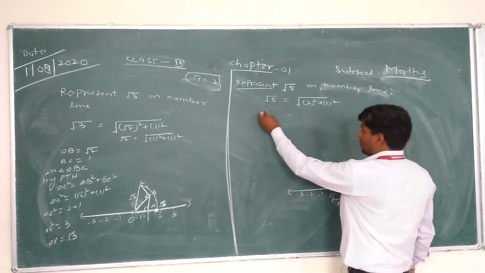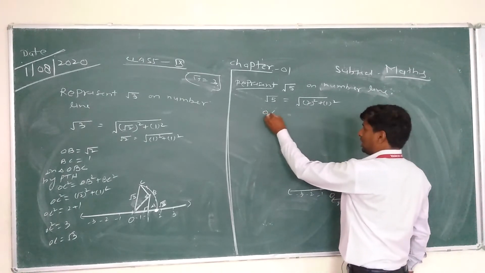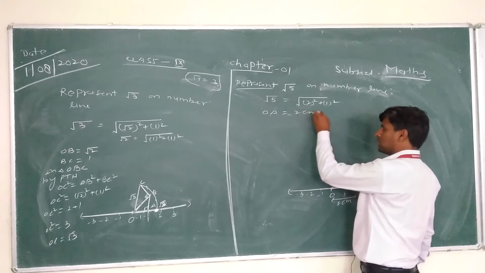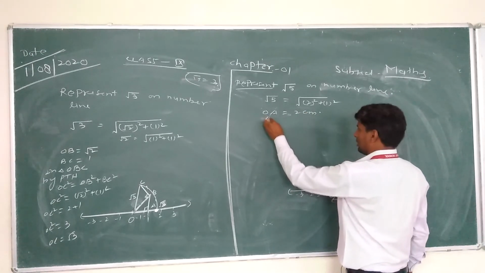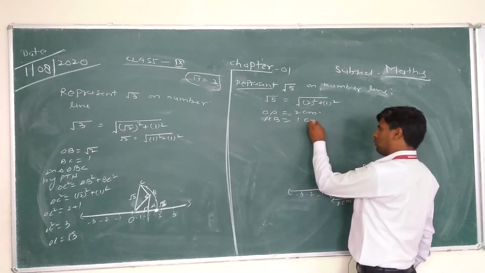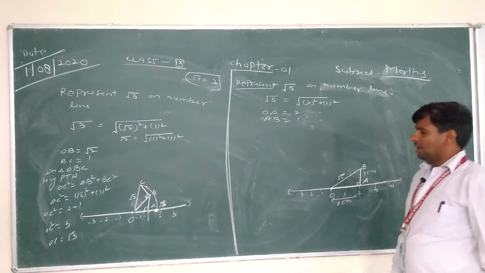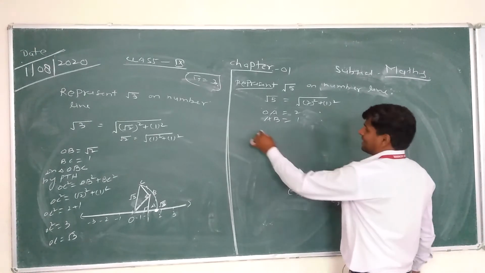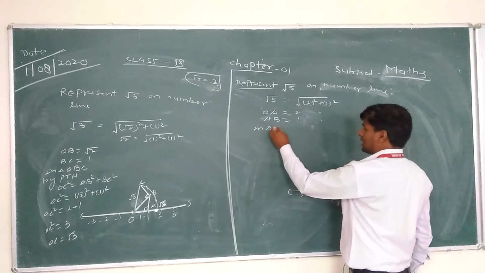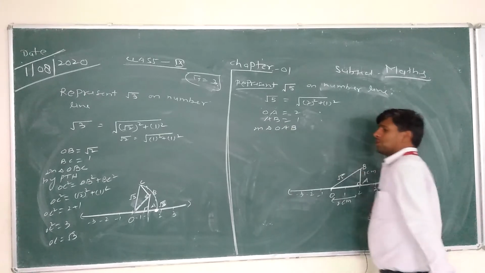Here we can write OA equals 2 centimeters, AB equals 1 centimeter. OA is 2 and AB is 1, because in a right angle triangle we can use Pythagoras.